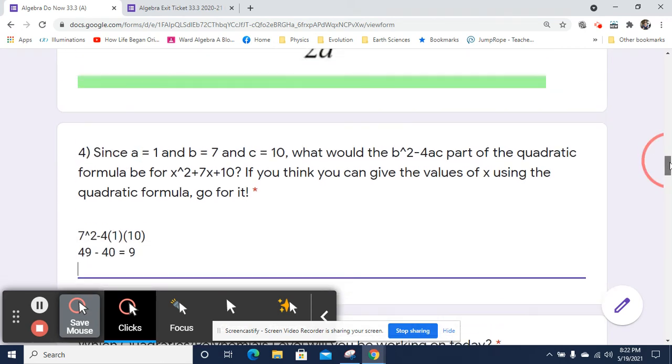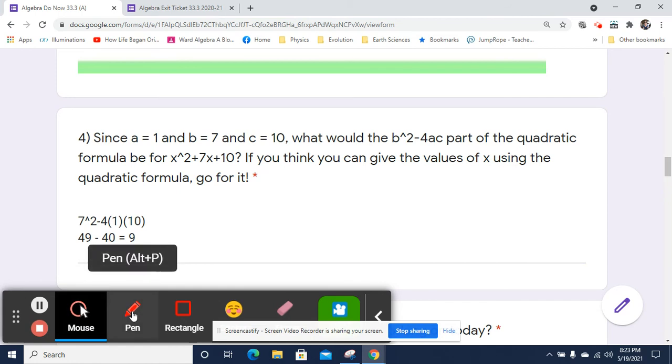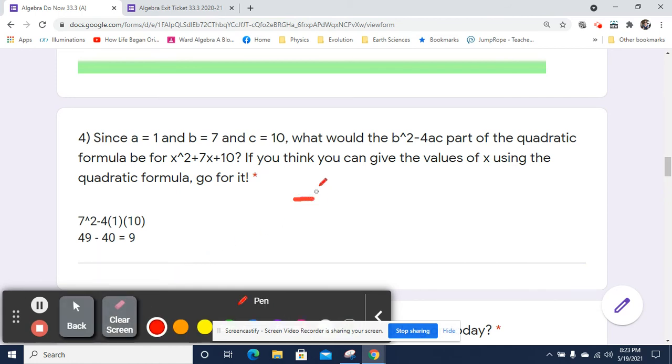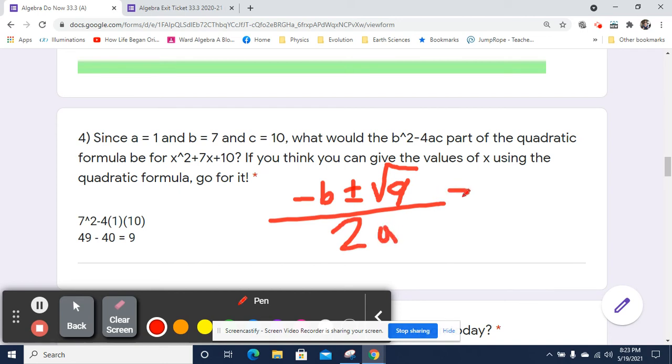So actually, I'm going to go ahead and work out the whole quadratic formula for us on this. We've got negative b plus or minus the square root of, now we know it's 9, all over 2a. That's going to equal negative 7 plus or minus the square root of 9, which will be 3, over 2 times 1, so that'll just be 2.